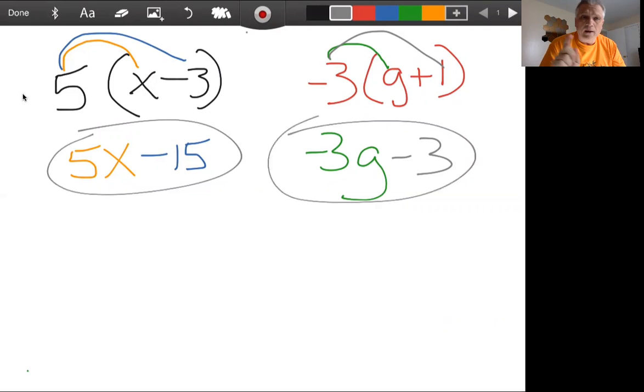That's Algebra 1. You're going to do the same thing, you're just going to do it more than 2 times. And if we only do it twice, maybe it's with a term that doesn't just have a number. Maybe it's got a variable with it.